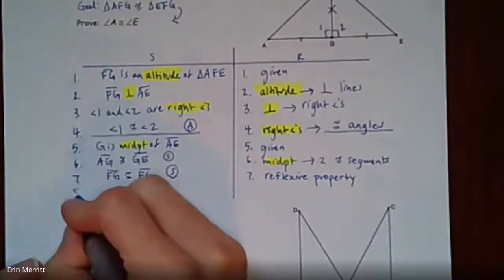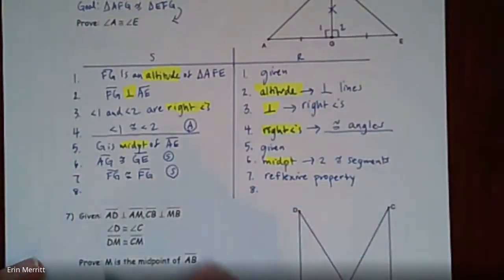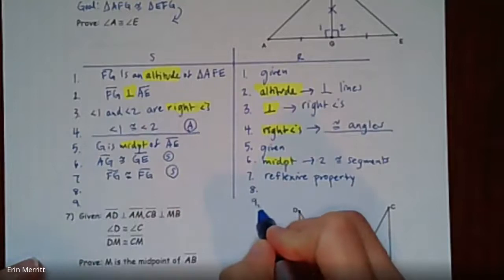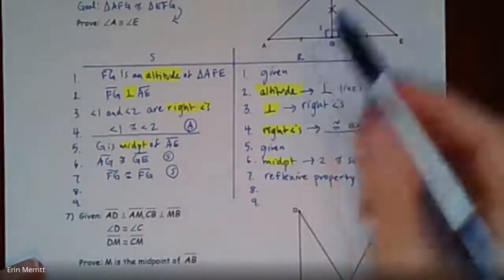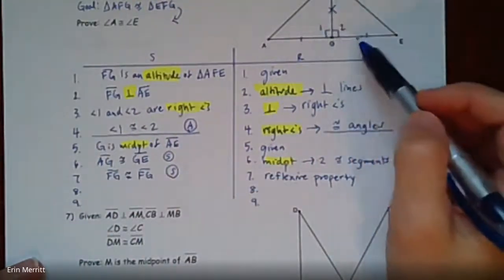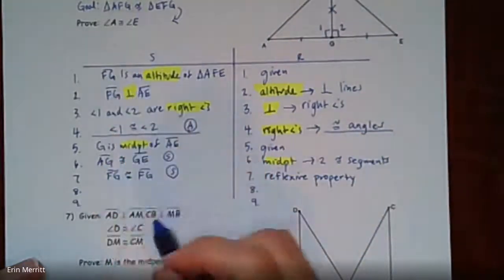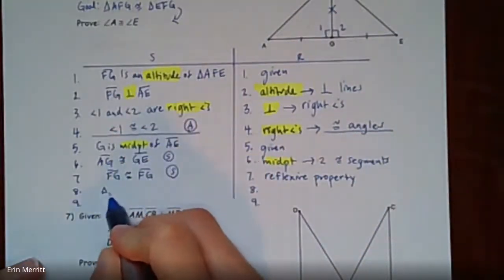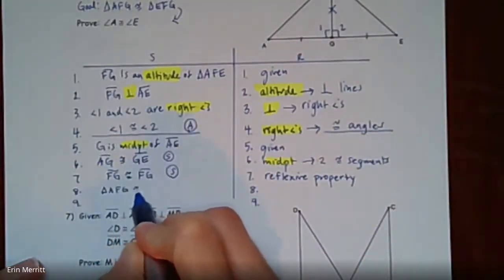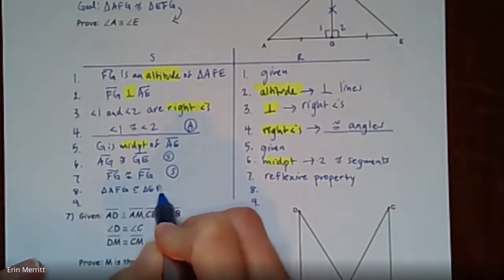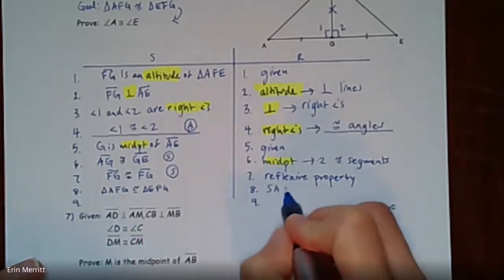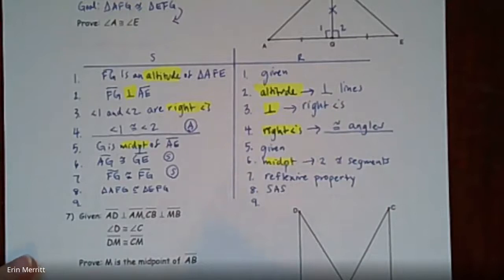All right, I've got 2 last steps to go. I think I can sneak them in here. Once I have side angle side here and side angle side there, that's enough to hit my goal step. I can now say that triangle AFG is congruent to triangle EFG, and that's by side angle side, congruent to side angle side.